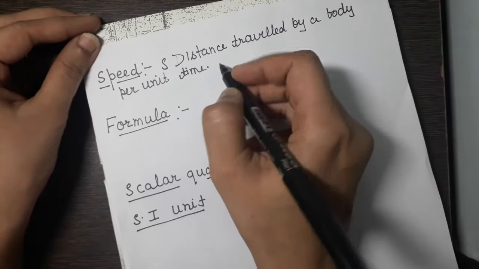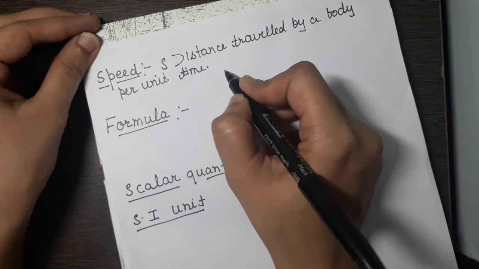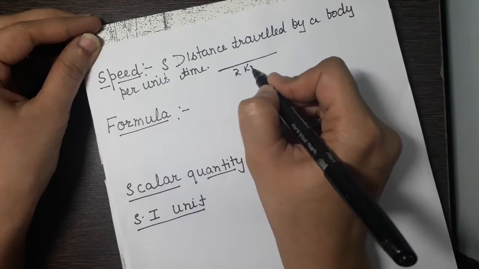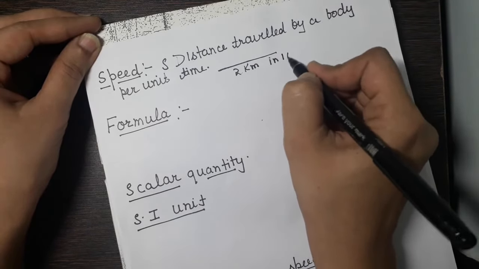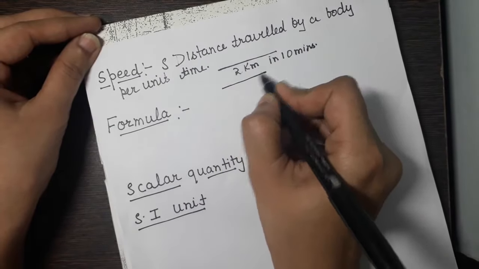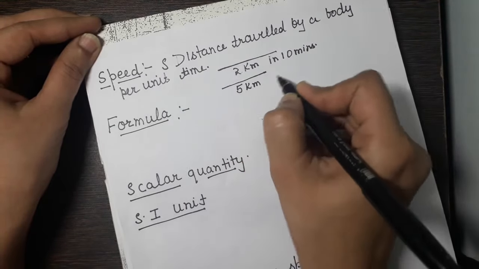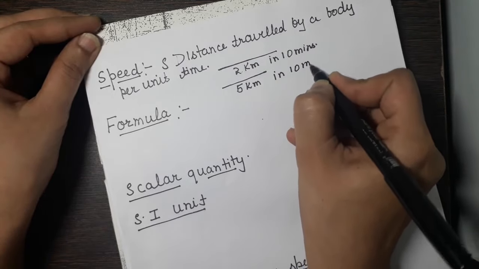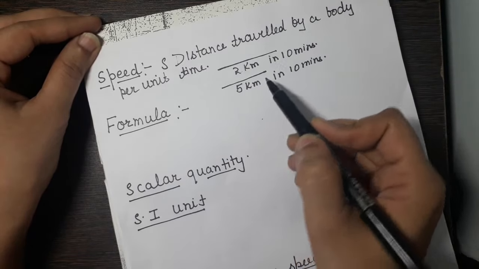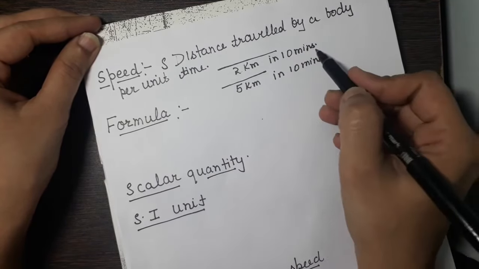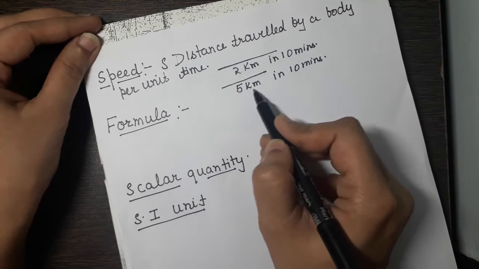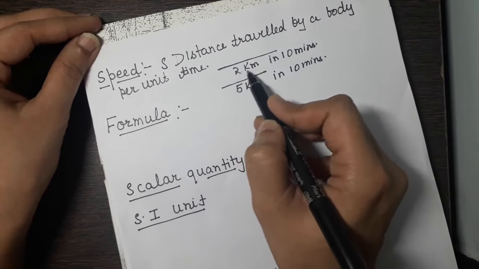For example, if a body covers 2 kilometers in 10 minutes, and a second body covers 5 kilometers in 10 minutes, then we will say that the second body is faster than the first body, because the time interval is the same, 10 minutes, but this body is covering 5 kilometers and this body is covering 2 kilometers.